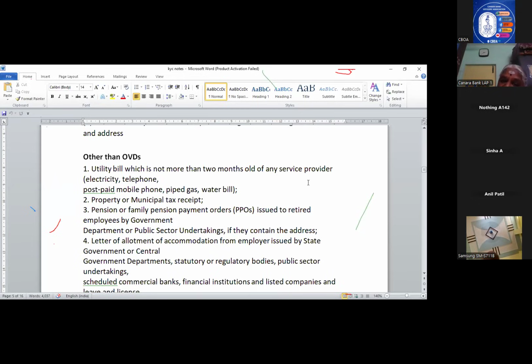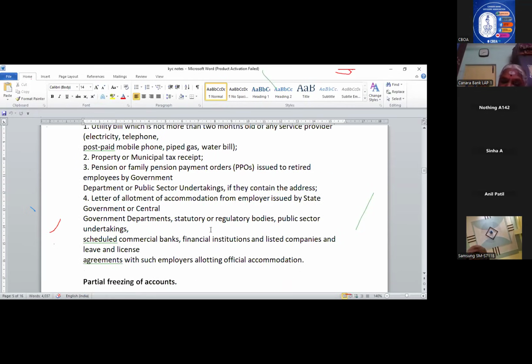Okay, so a utility bill which is not more than 2 months old of any service provider like electricity, telephone, postpaid mobile number, piped gas or water bill, property or municipal tax receipt, pension orders, then any letter of allotment of accommodation from the employer or the government. If they are working, then that can be accommodated. It should not be dated more than 2 months old.